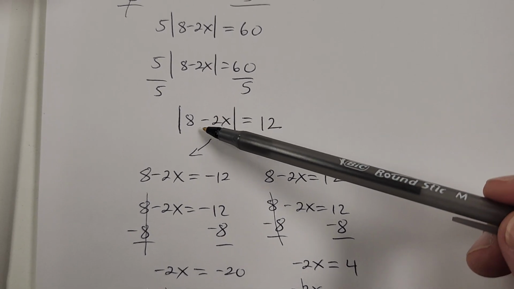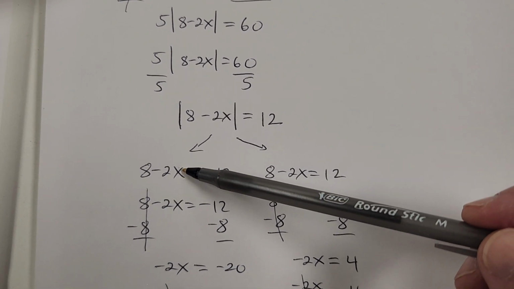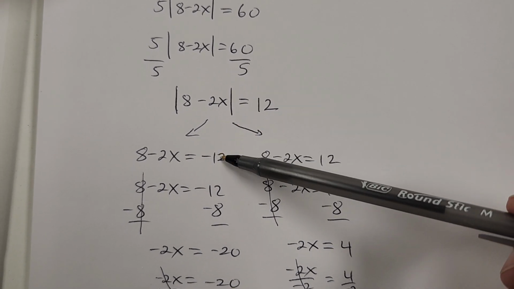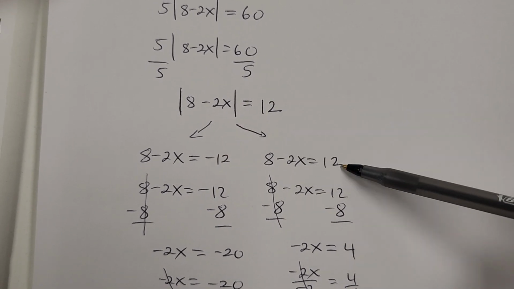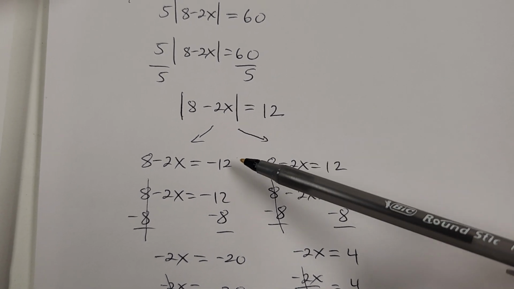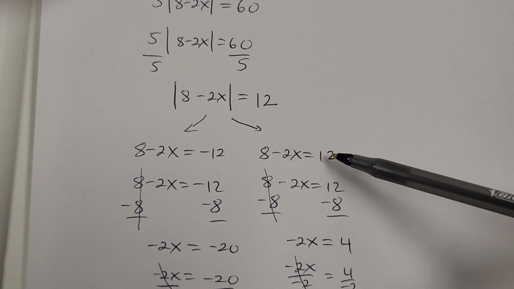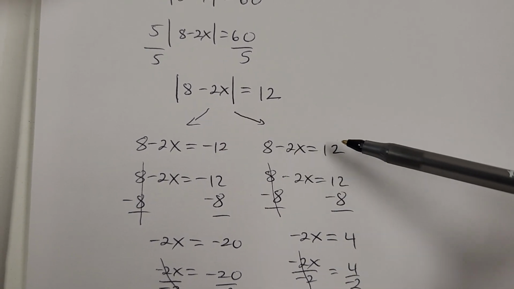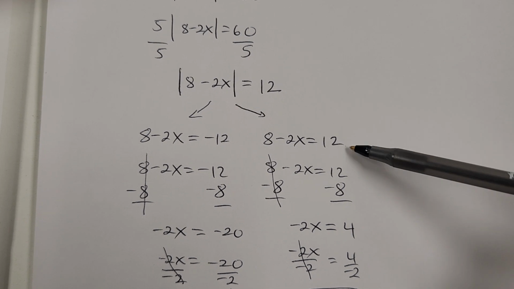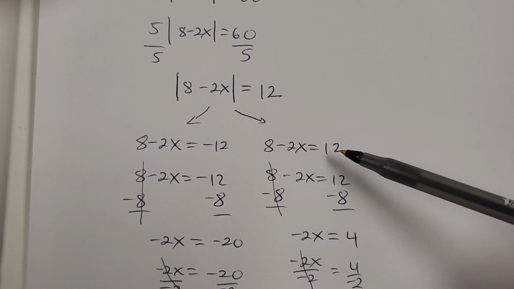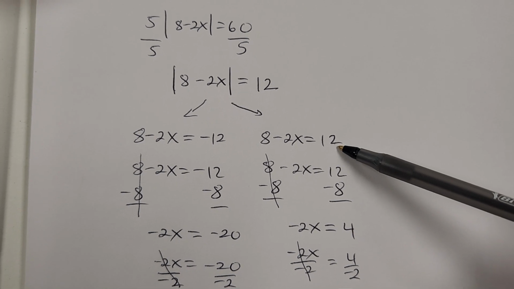So rewrite 8 minus 2x on the left, also on the right. However, the 12 on the left is negative, the 12 on the right side is positive. So left is negative 12, right is positive 12.